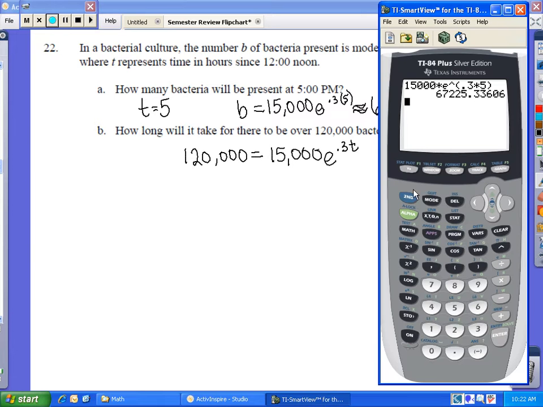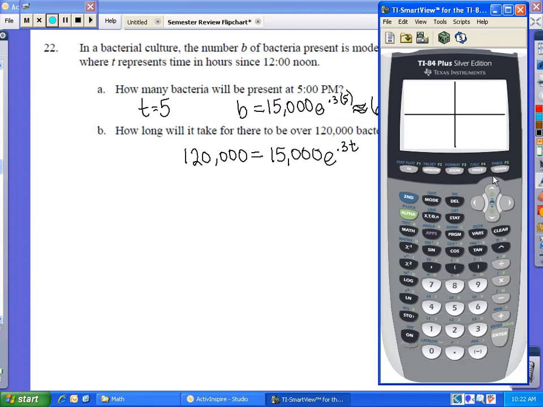You could also go into y equals, and you could put in that basic equation of 15,000 e to the 0.3 t, or 0.3x.